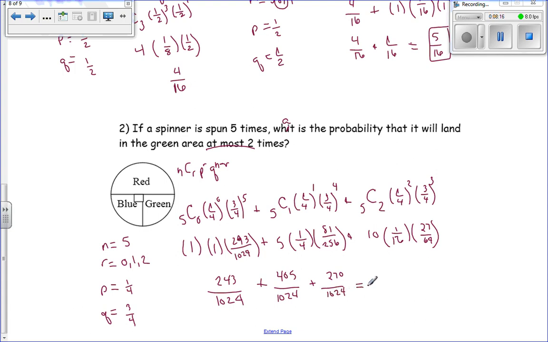Add 243, 405, and 270 together, and you get 918 over 1024. Again, you do not have to reduce fractions.